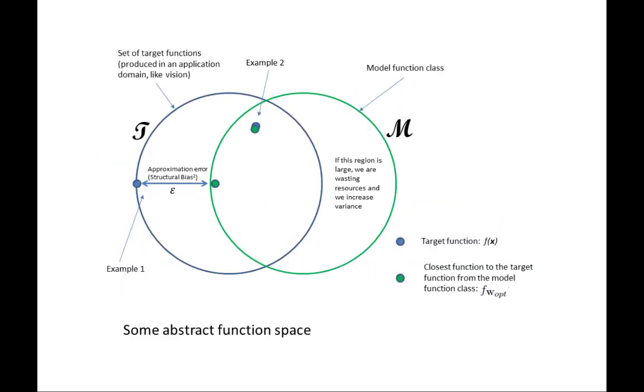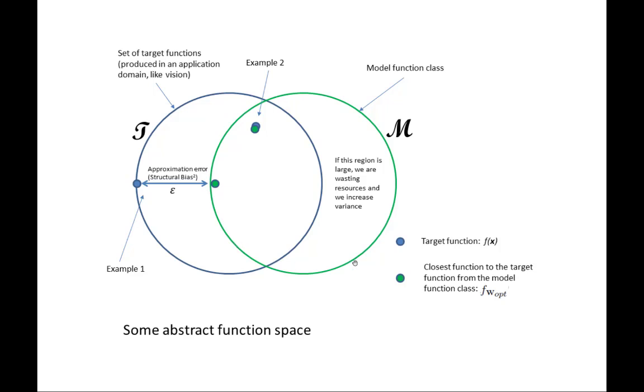So this is one way to plot it in a Venn diagram. Here we have our function class, T. It displays a set of functions, and this is the model class. It might be another class of functions.